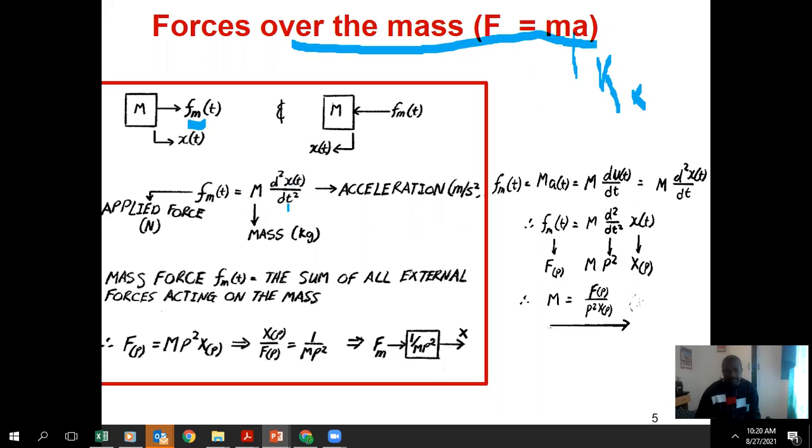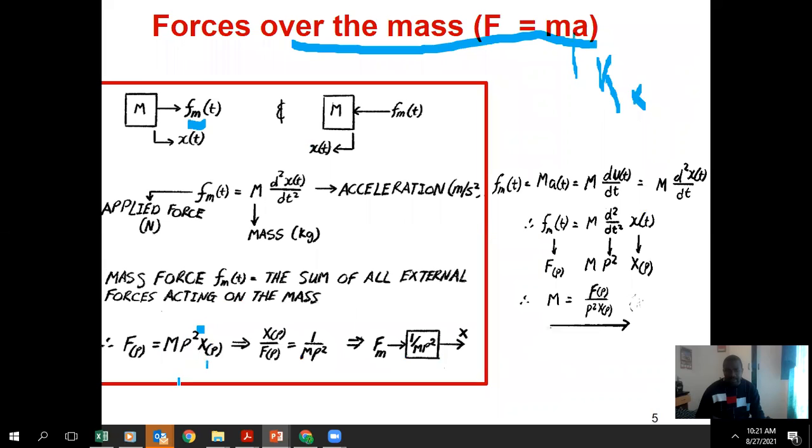That's acceleration. And now we transfer this to P domain. For second order, note P is raised to 2, the second derivative of displacement over P domain.